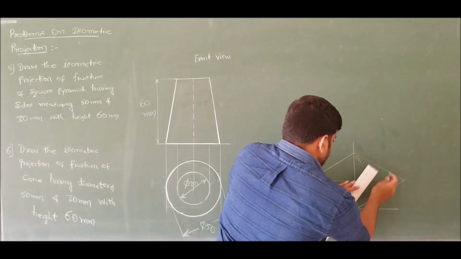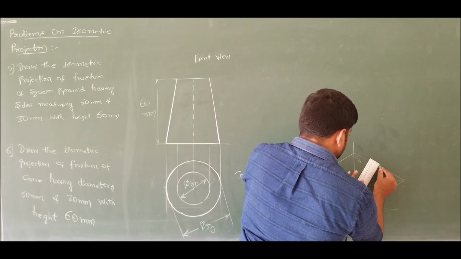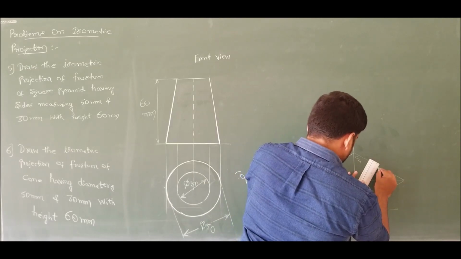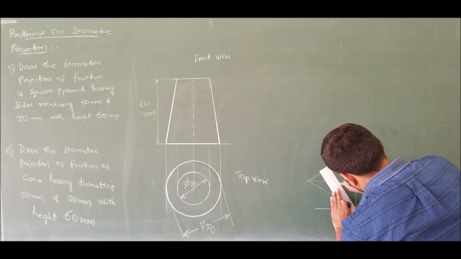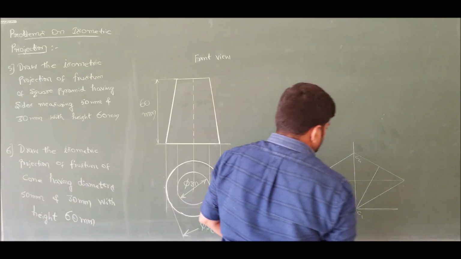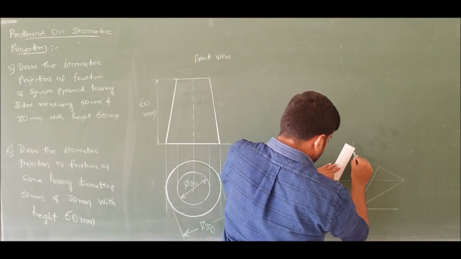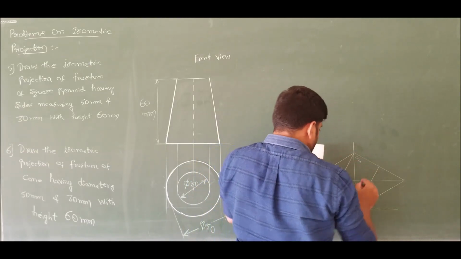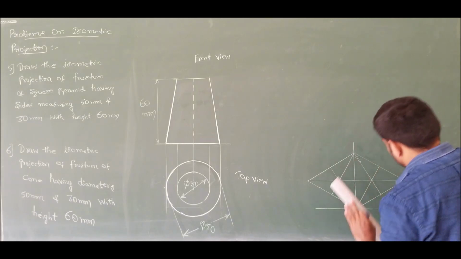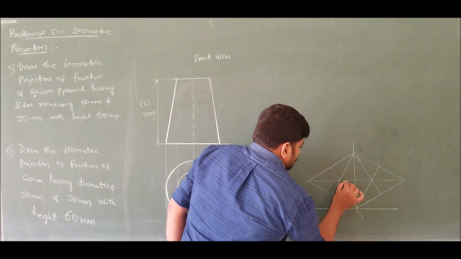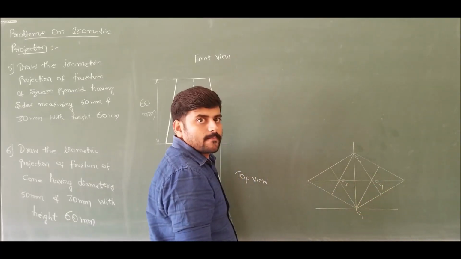Draw the perpendicular bisector from center C1. Also draw the perpendicular bisector from center C2. You get center C3 and C4.